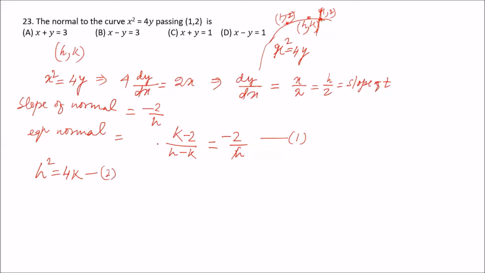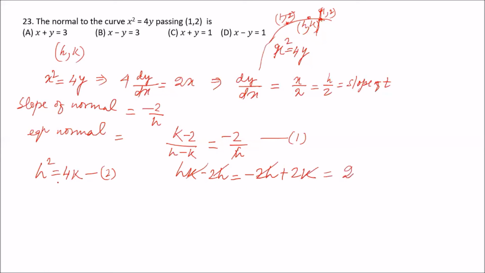So let us multiply. Here it will be how much? hk minus 2h is equal to minus 2h plus 2k. So minus 2h I can cancel. So I am getting hk is equal to 2k, k cancel, h is equal to 2.